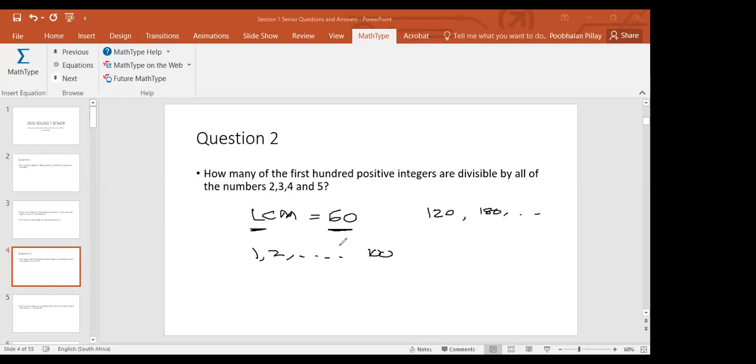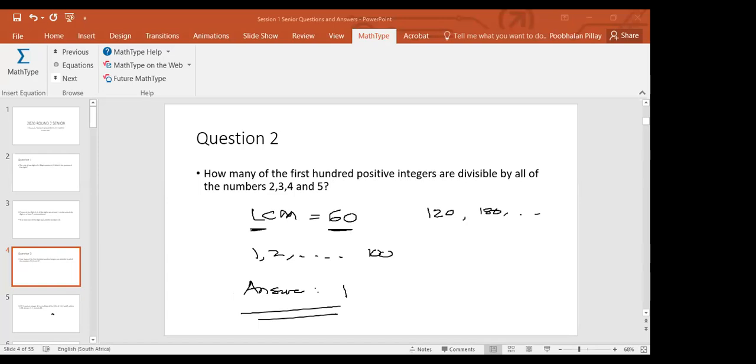So there's only one number between 1 and 100 which is a multiple of 60. So the answer is 1. 60 is the only one.